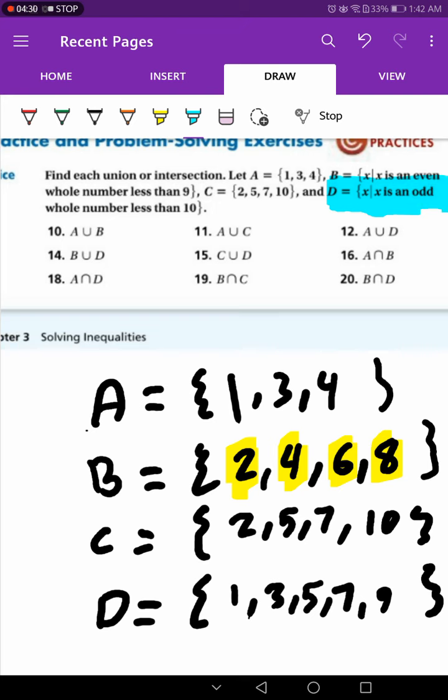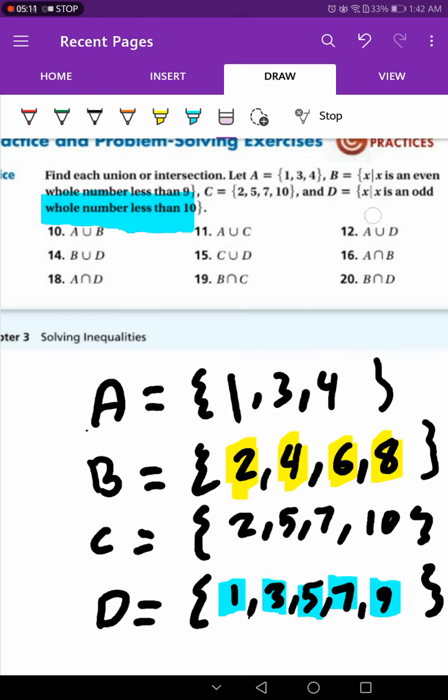You know the odd numbers, my dear students: 1, 3, 5, 7, 9, 11, 13, 15, 17, and you keep counting in this way. But it says where X is an odd whole number less than 10, so don't proceed past 10. So it is 1, 3, 5, 7, and 9.